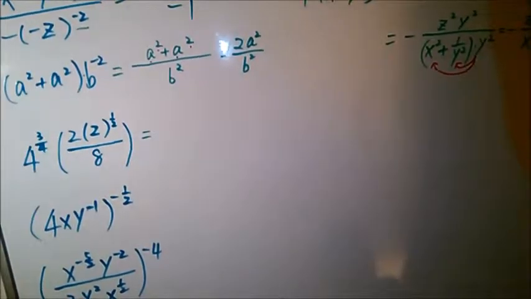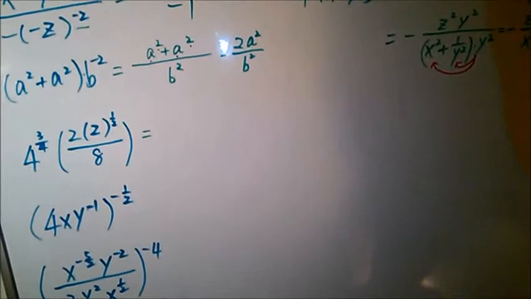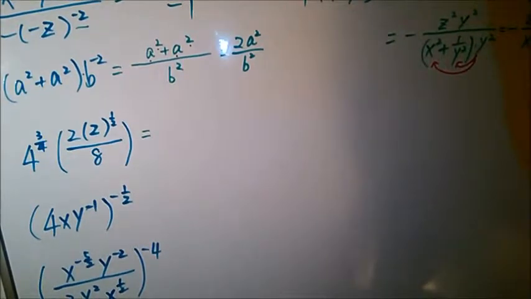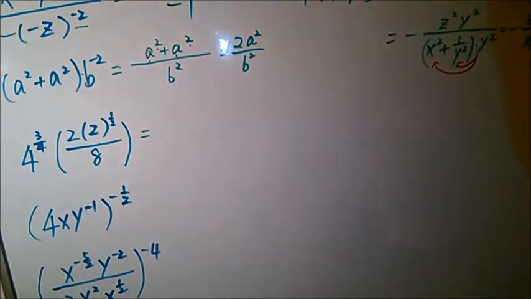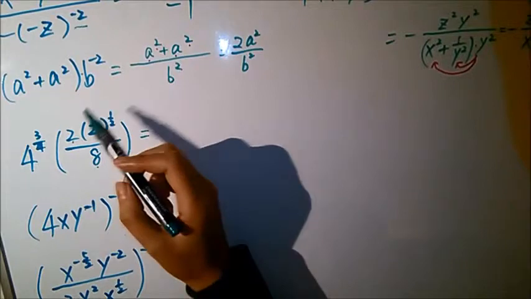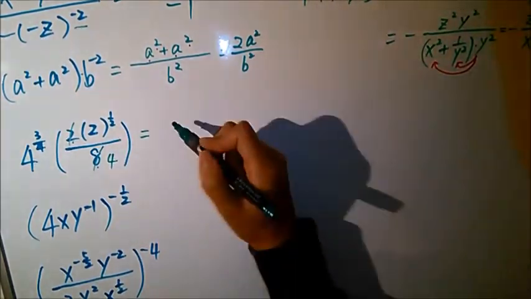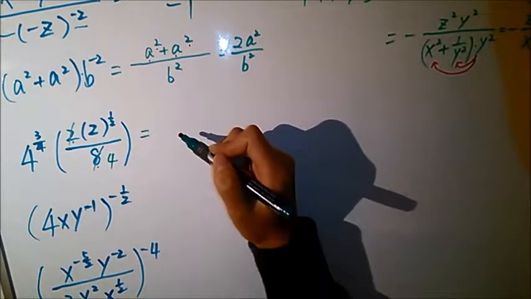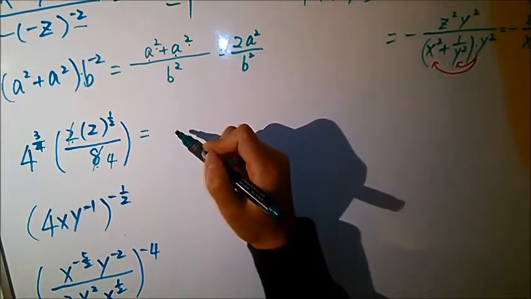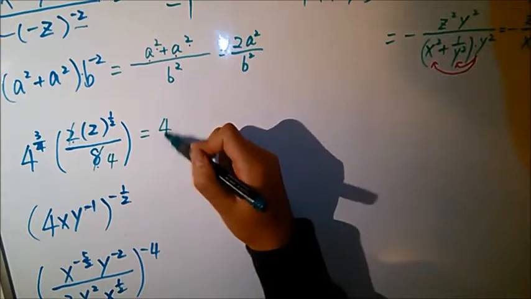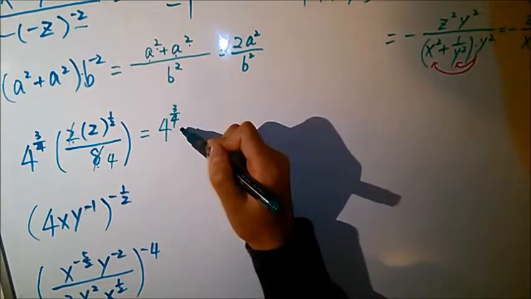We have 4 to the third, fourth power, right? And we're going to divide 2 from 8. They cancel out. 2 cancels out from 8. So 8 divided by 2 is 4. So we have 1 on top and 4 on the bottom. Put that back there.